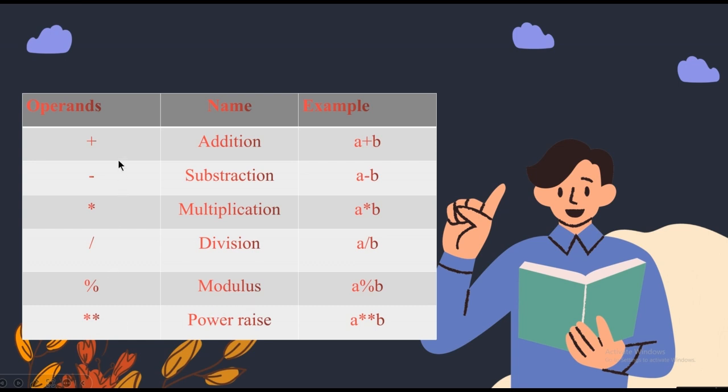These are the symbols which are used, and this is how they are used with their operands. We can take the values of a and b from the user, use an addition operator over here, and we will get the result. So this is how it is going to work, okay. We will see that as we go further.